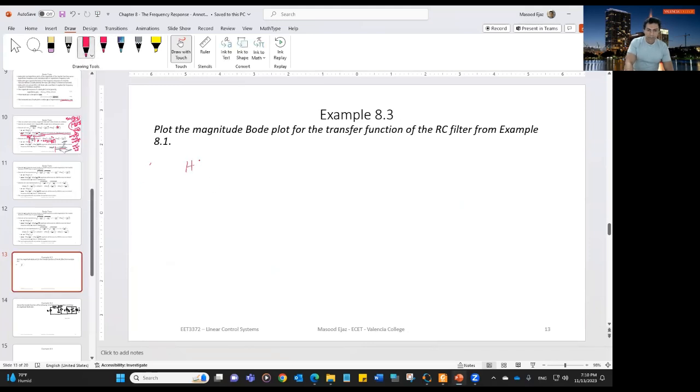So I have H of j omega equals 1 over 1 plus j omega RC. And I can write this down as I wrote earlier, 1 plus j omega over omega 1, where omega 1 is 1 over RC, which we also called tau, the time constant of the circuit.